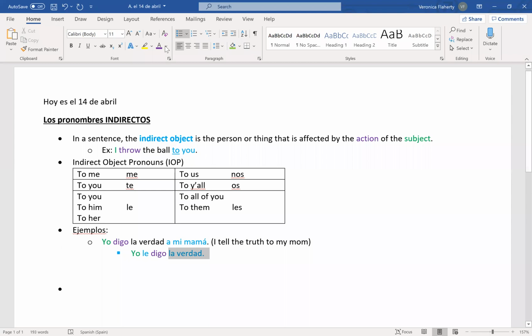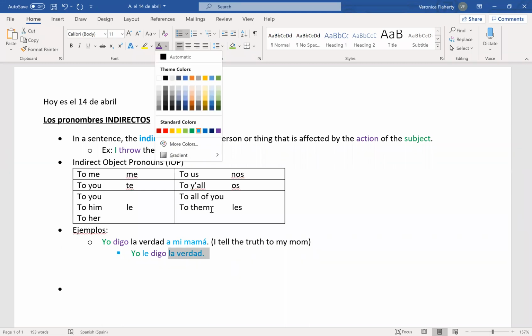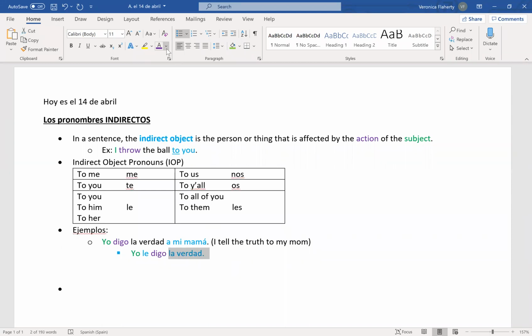Yo le digo la verdad. So we can see that it goes in the same place that we would expect the direct object pronoun to go, right between the subject and the verb. So the placement is the same.